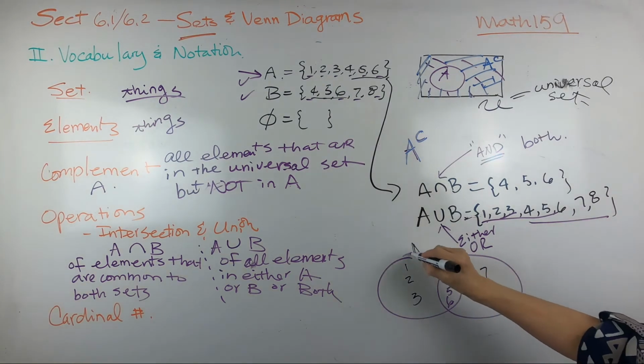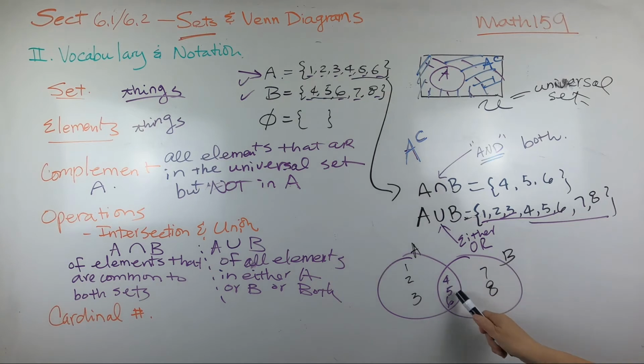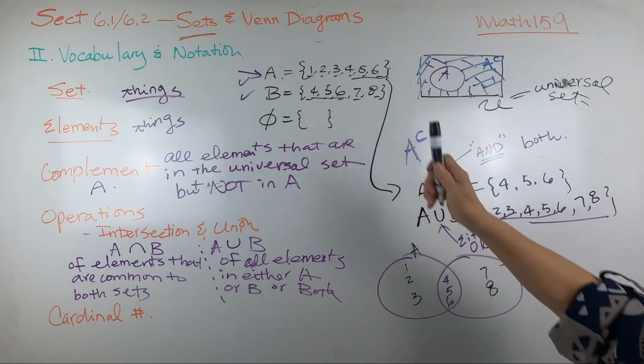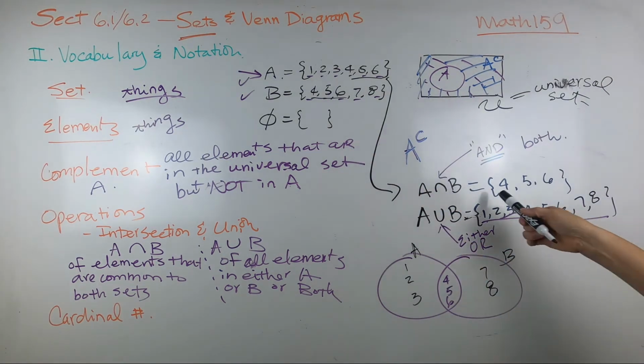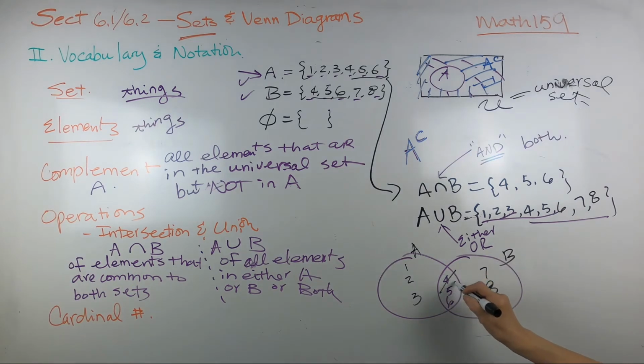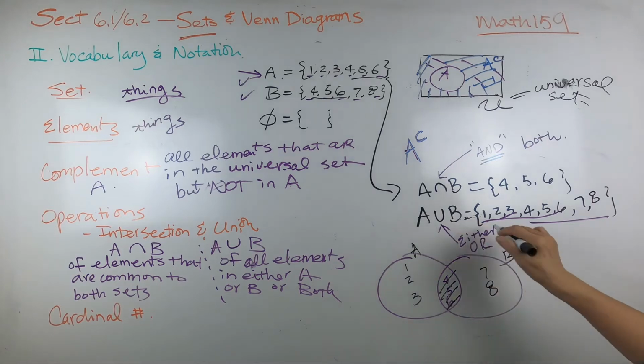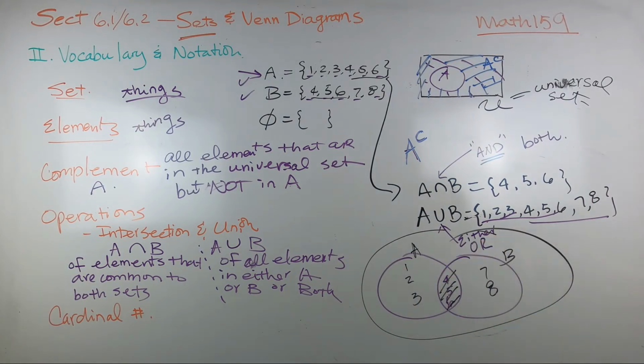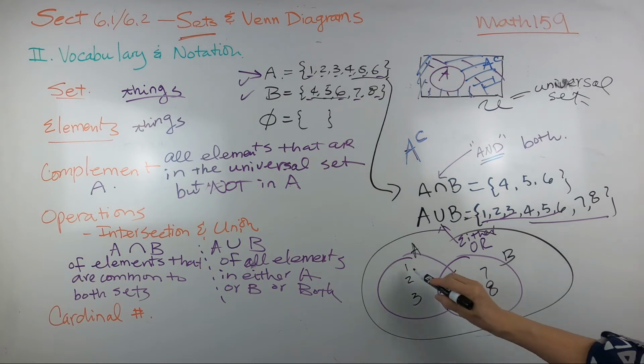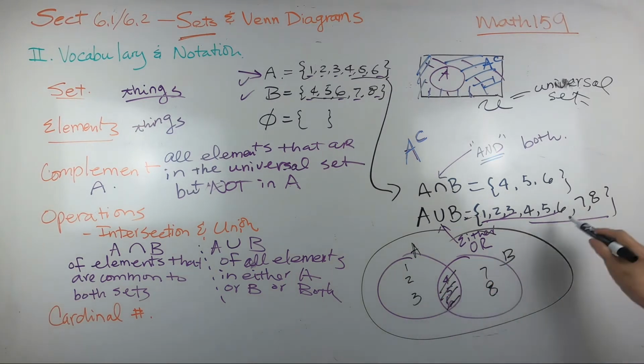So that's your A, that's your B. B is 4, 5, 6, 7, 8. So intersection would be where? In here. That would be your A intersect B. Then union would be the whole thing, 1, 2, 3, 4, 5, 6, and 7, 8.